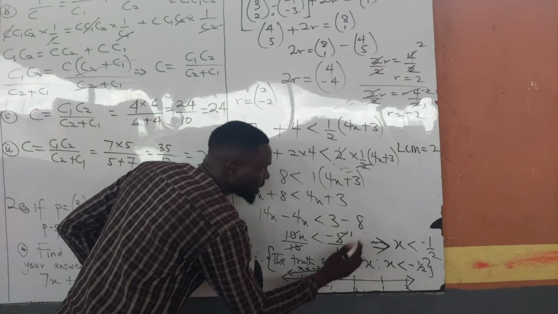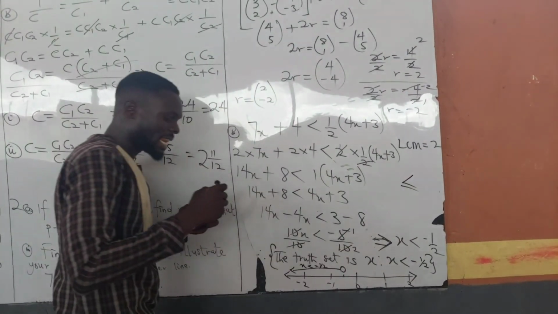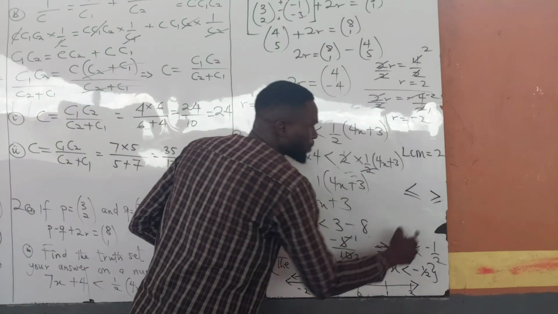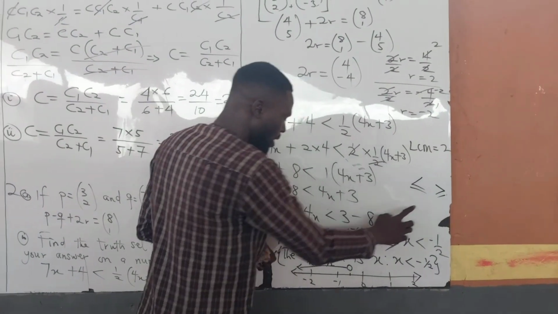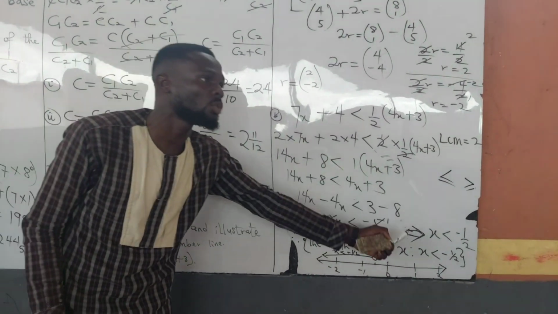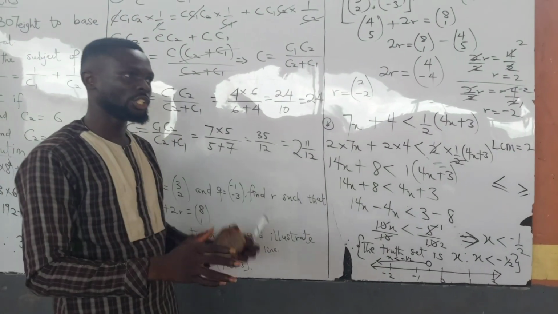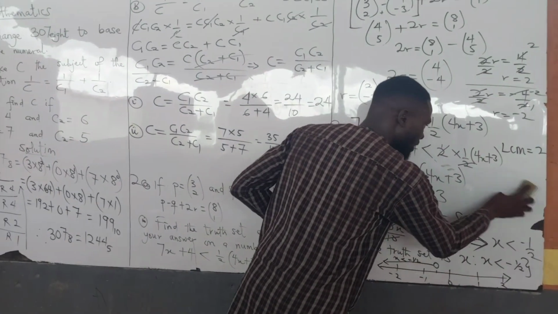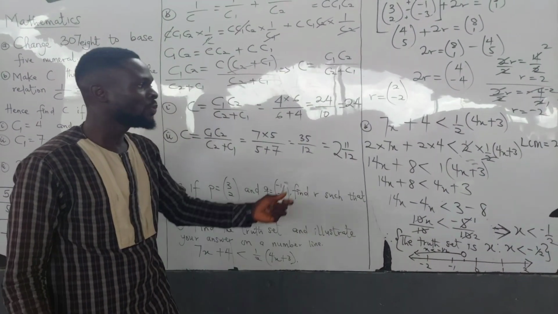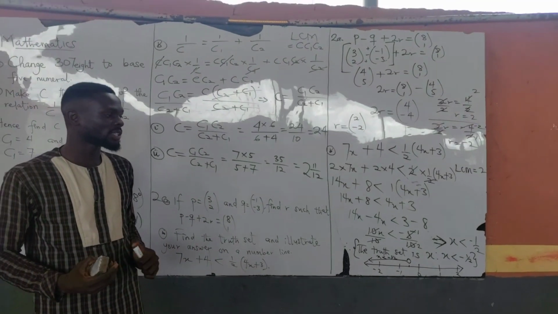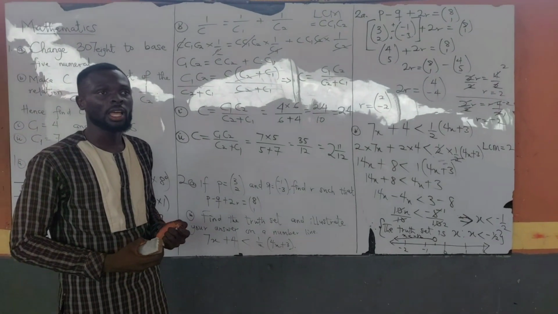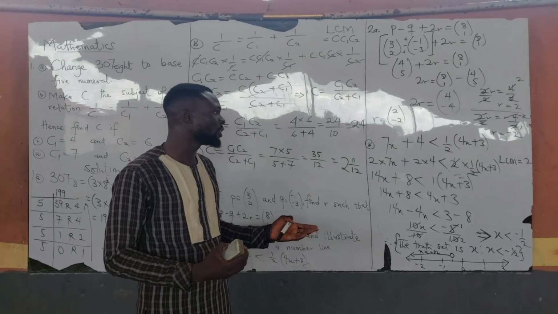We only shade if it was less than or equal to. You only shade the ring if you have this. But if you are not having the equal to sign, you don't shade the ring. So this is how we have to solve inequality questions if in case a question like this should come in our final exams. Thank you very much.